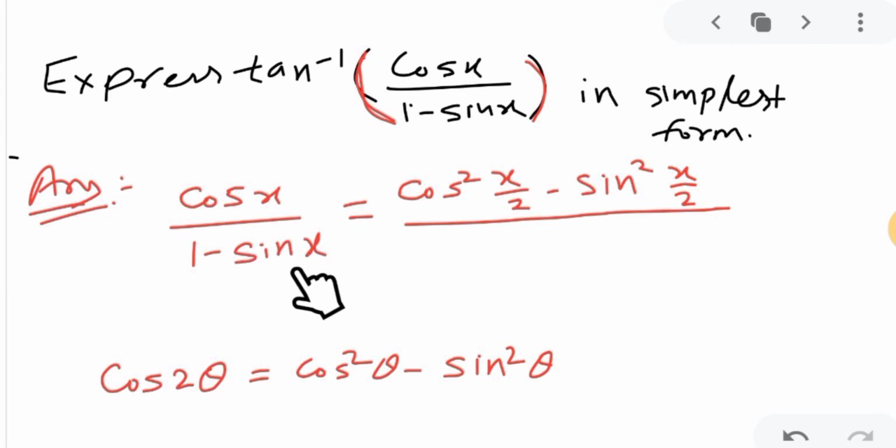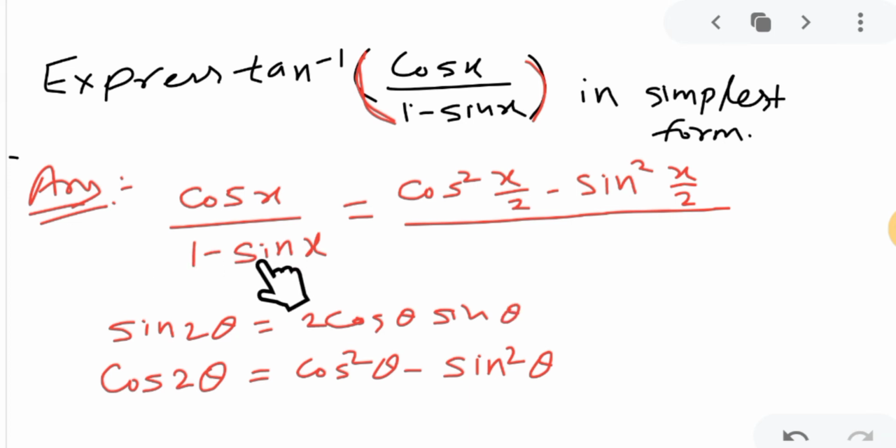How will I change 1 minus sin x? Sin x I can write using the sin 2 theta formula. What is the sin 2 theta formula? 2 sin theta into cos theta, or 2 cos theta into sin theta, both are the same. Here x means 2 theta, so theta will be x upon 2. So sin x I will write as 2 sin x upon 2 into cos x upon 2.